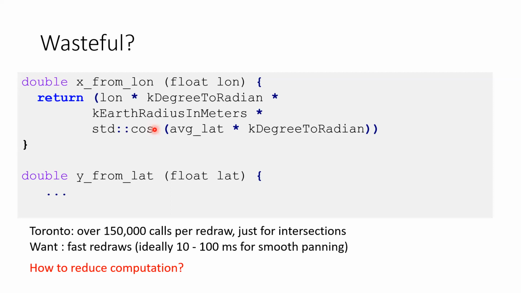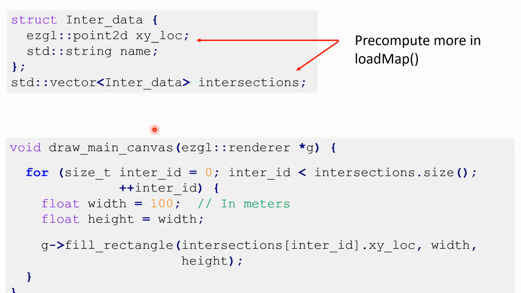How do we reduce computation? Yeah, do the conversion beforehand. Pre-compute and store the actual XY coordinates in your data structure.